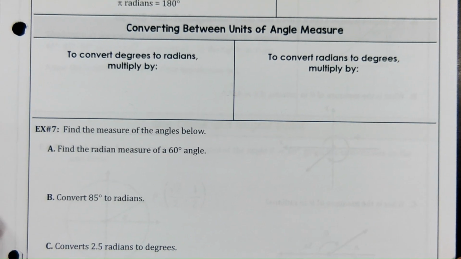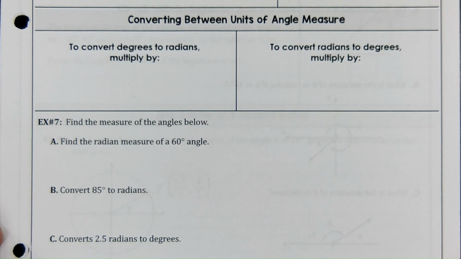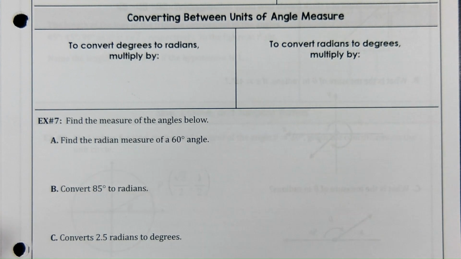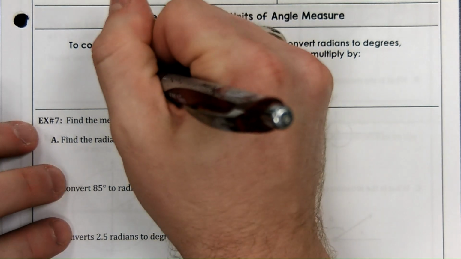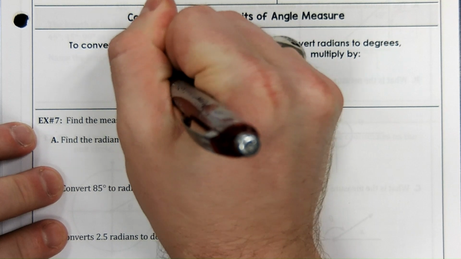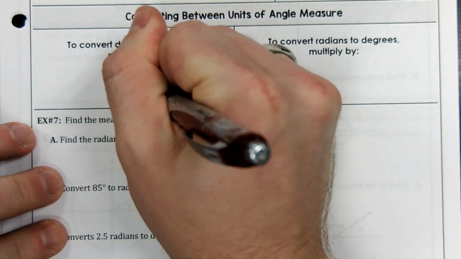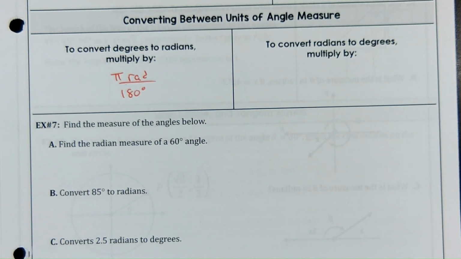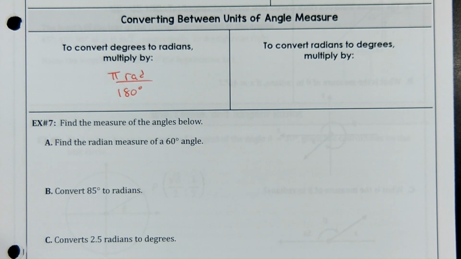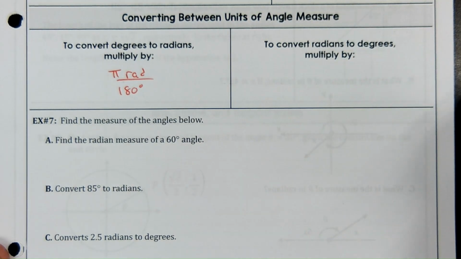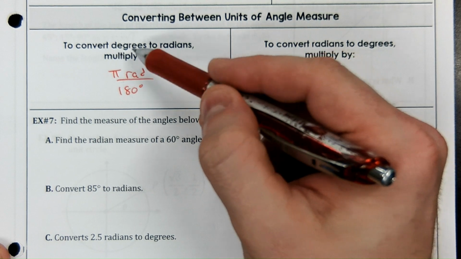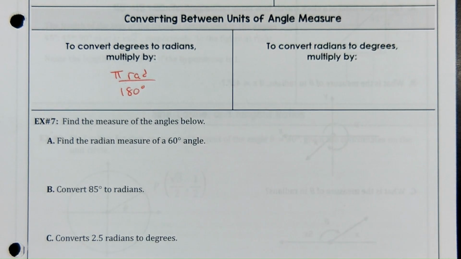Going to do a little bit of dimensional analysis here, also known as unit conversion. If you would like to convert from degrees to radians, meaning you already had degrees, then this is what you would need to multiply by. You multiply by pi radians over 180 degrees. Because this fraction equals 1. Pi radians divided by 180 degrees is 1. They're the same measurement.